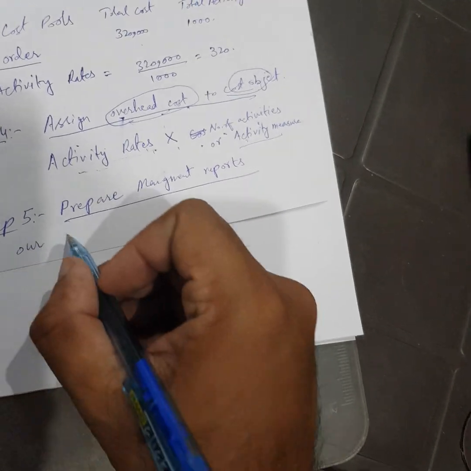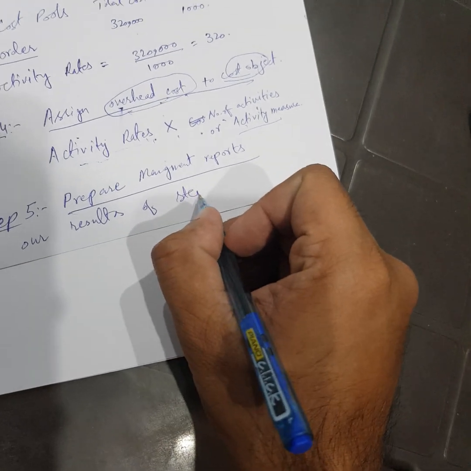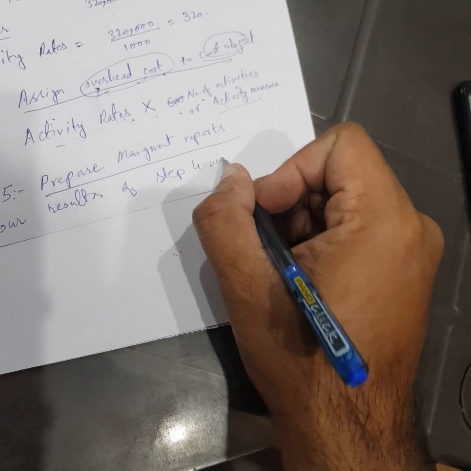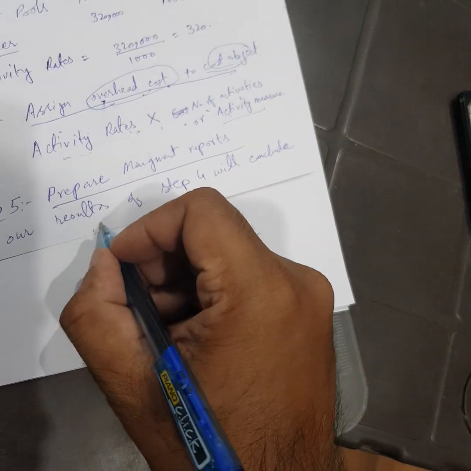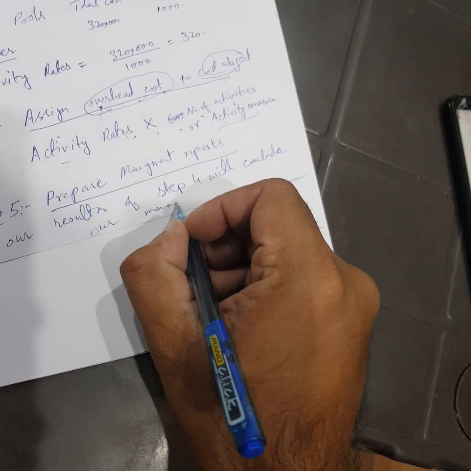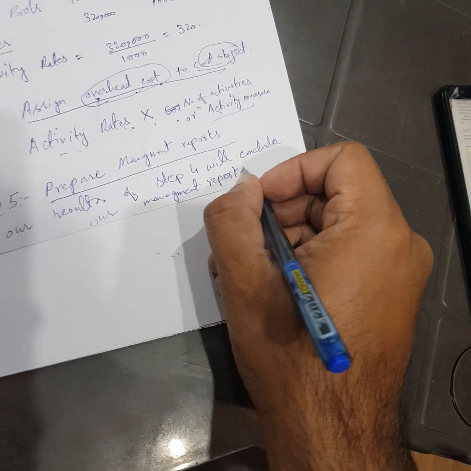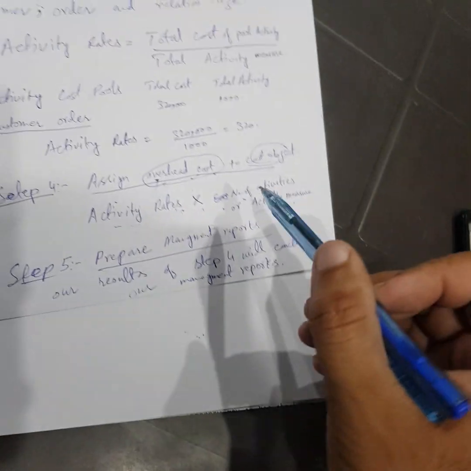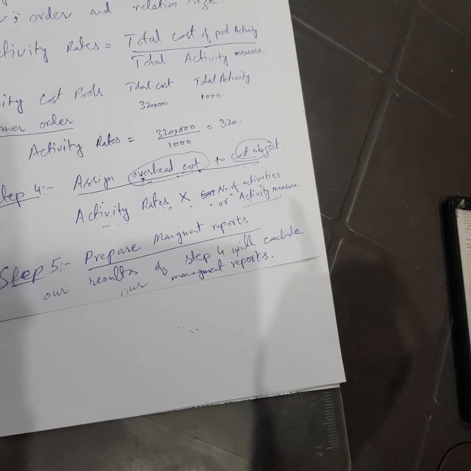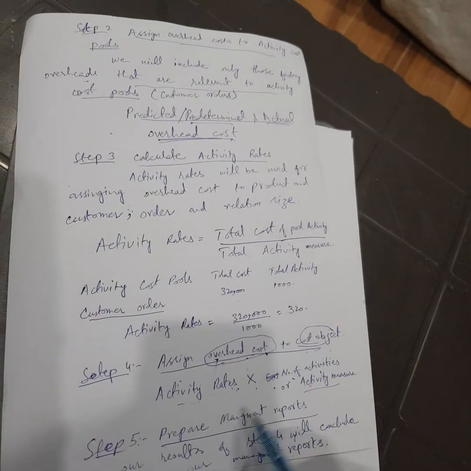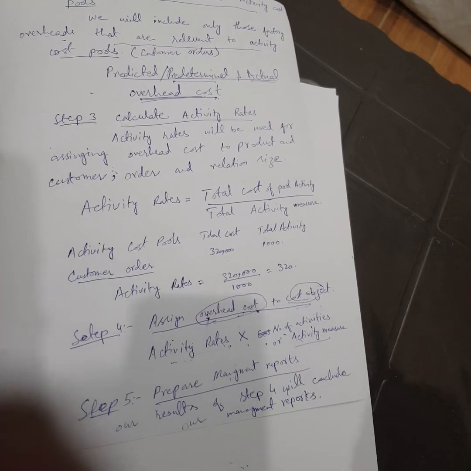The results of step number 4 will form our management reports. How much overhead cost is assigned to each cost object, we will find out in step number 5 in making the management report.